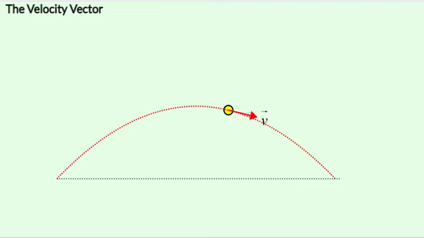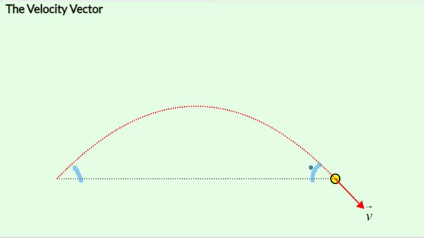And as it falls back again, the angle begins to increase, and when it lands along the same horizontal surface, the launch angle and the landing angle will be the same. So we know that the direction of the velocity keeps changing along the path.